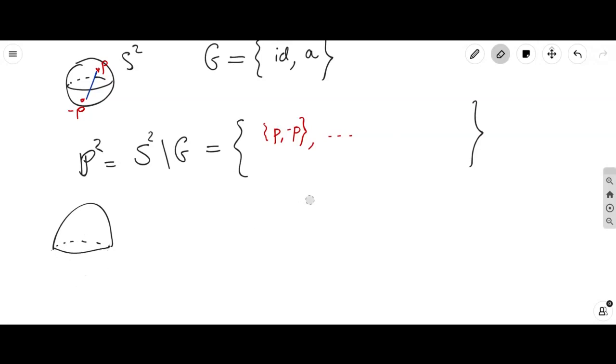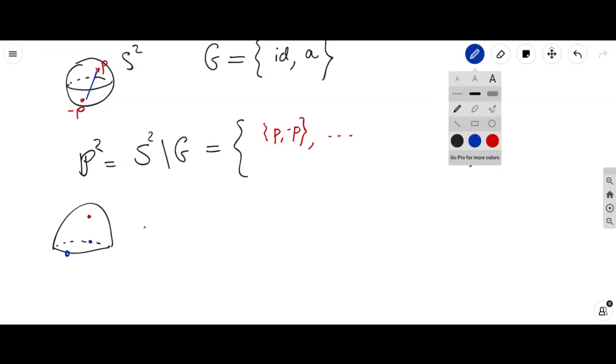So we just ignore the lower cap. And then every point in the upper cap is uniquely represented, with the exception of the equator. If you're located on the equator, then that point has to be attached to the one that's directly opposite across the diameter.